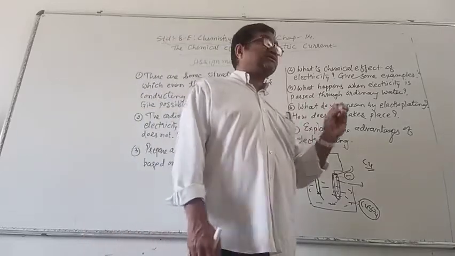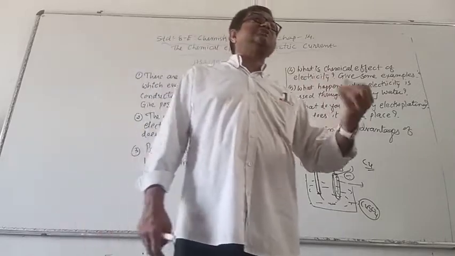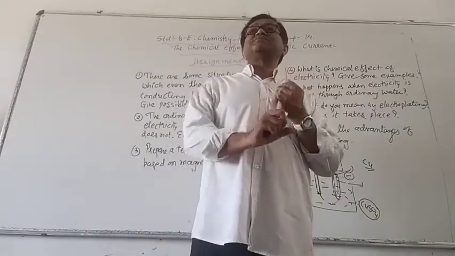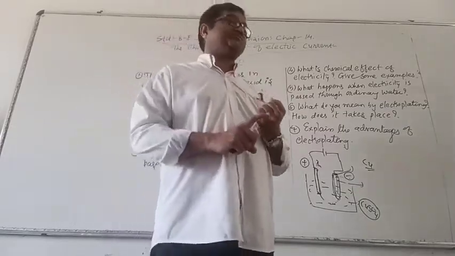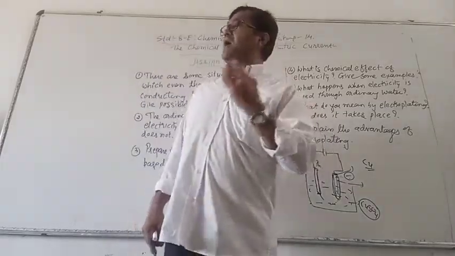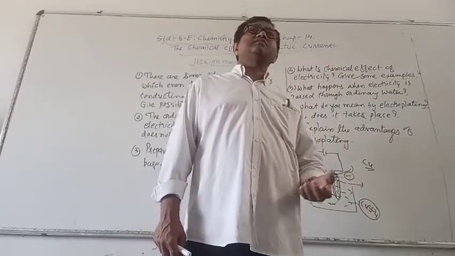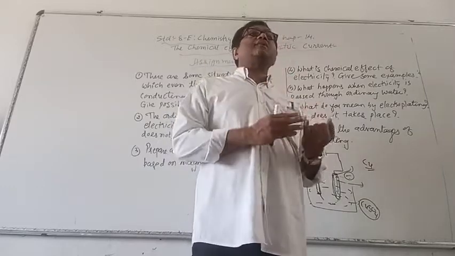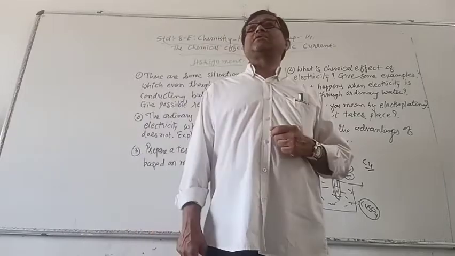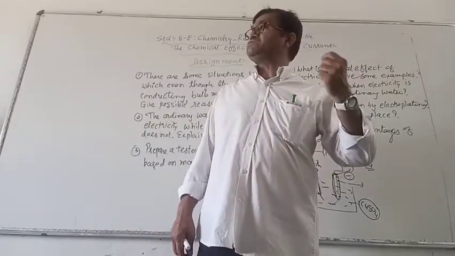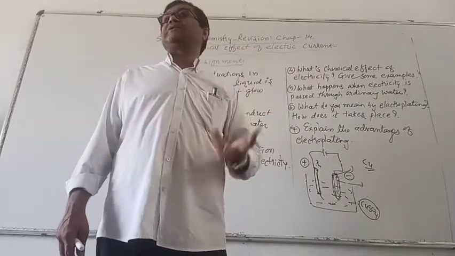Now what are the uses of electroplating? Where can we use this process? First thing is that it can prevent rusting or corrosion. We know that when iron gets rusted, it is getting corroded. So if you make a layer of zinc metal, because zinc metal does not get corroded, but zinc metal is also very expensive, so we cannot make the whole thing out of zinc.